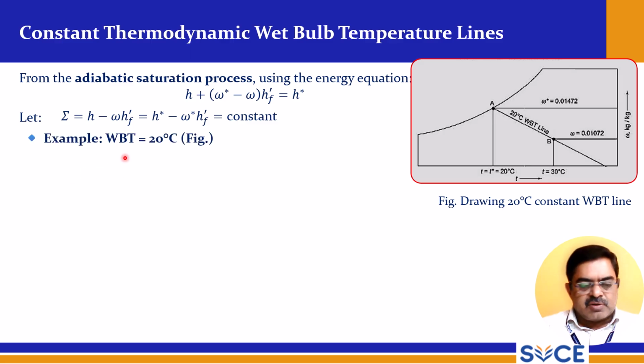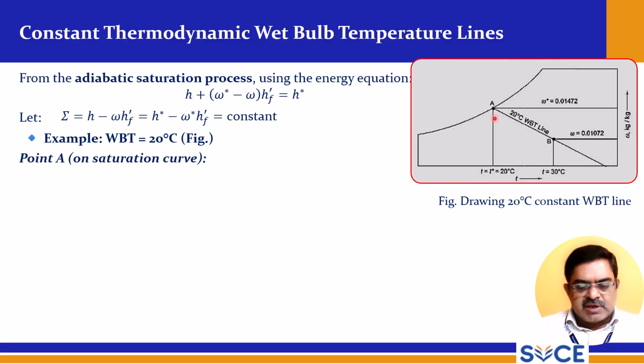For example, WBT equal to 20 degrees Celsius, that is, the wet bulb temperature is 20 degrees Celsius. So for 20 degrees Celsius we are marking a point here, and this is the wet bulb temperature line.